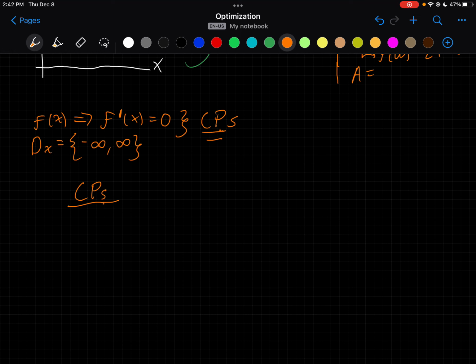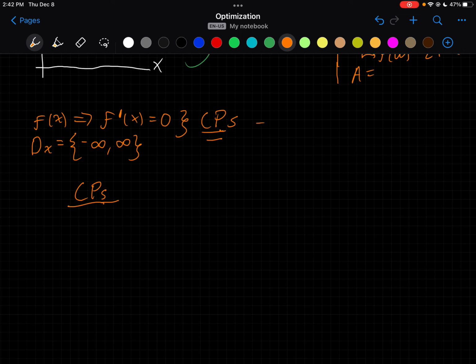There are always at least two candidates for your CP, because they are the endpoints. Any point on the domain in which f prime equals 0 is another candidate for your CP.